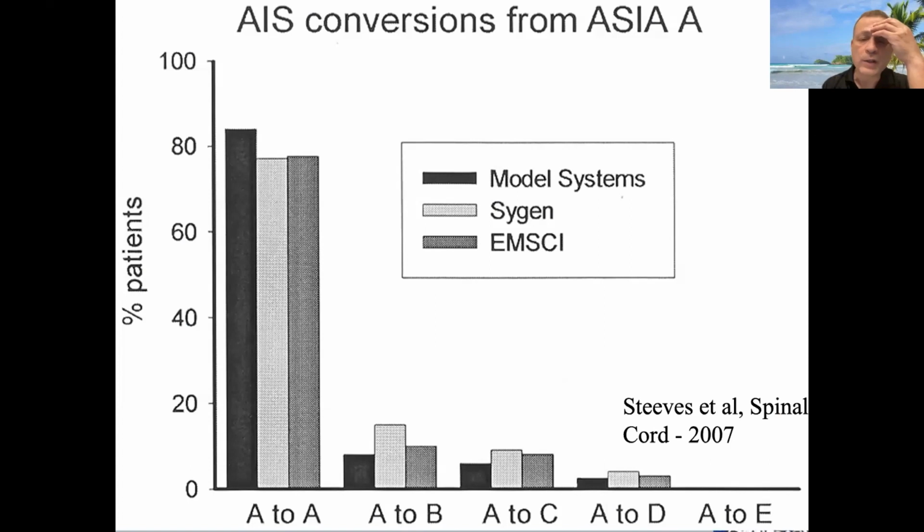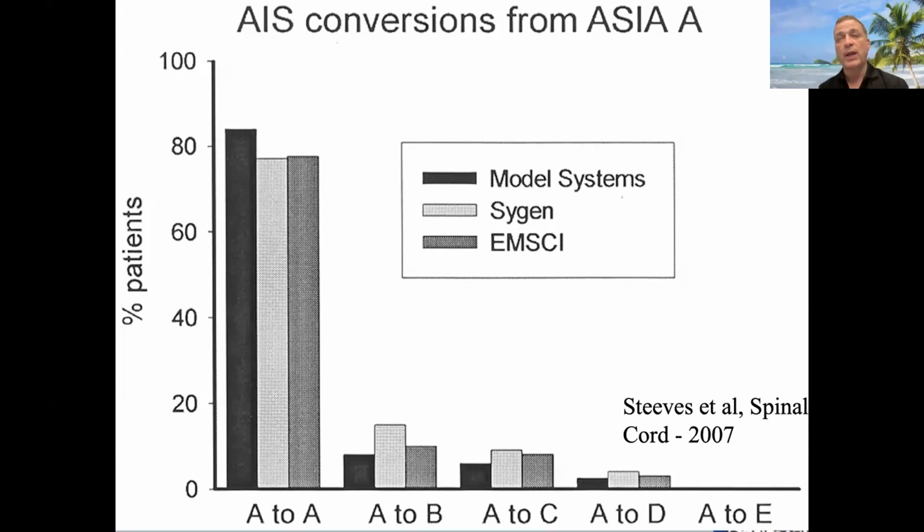One of the real challenges in any spinal cord injury research is that patients without any treatment tend to improve. And this is a combination of a number of studies looking that if you're Asia A, that there's at least a 3 to 5% chance that you could change to an Asia D without any treatment.